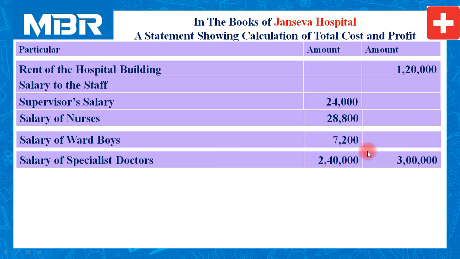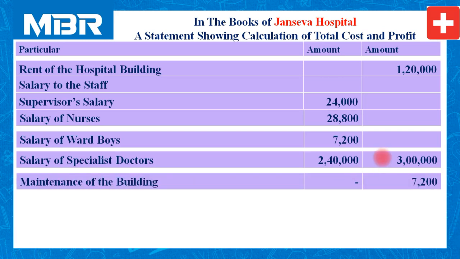The total of their salary is rupees 3 lakhs. For easy calculation, we have inserted the individual salary figures in the inside column and the total salary in the outside column, so it is very easy for us to make a total at the end.